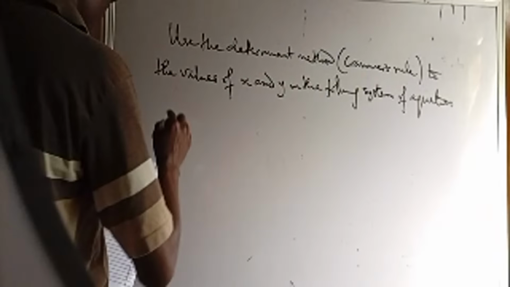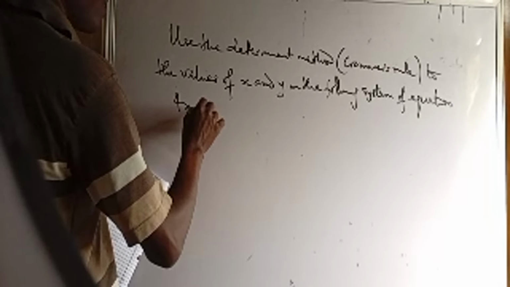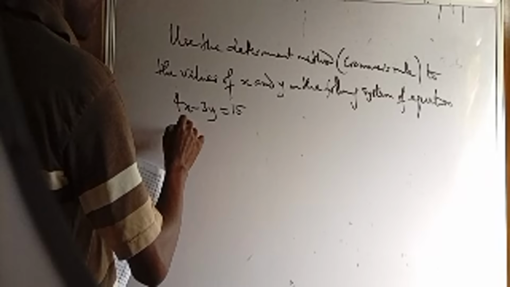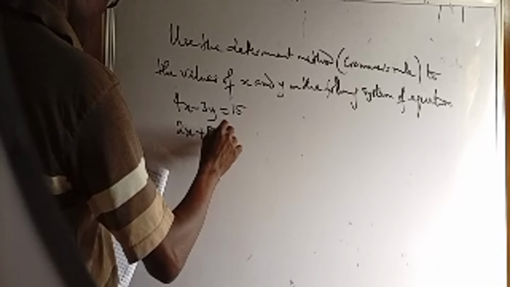Let's say we have 4x minus 3y is equal to 15, 2x plus 5y is equal to 1.